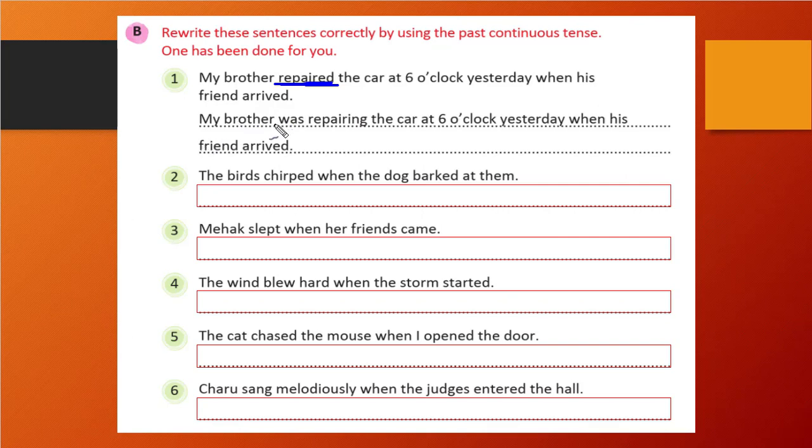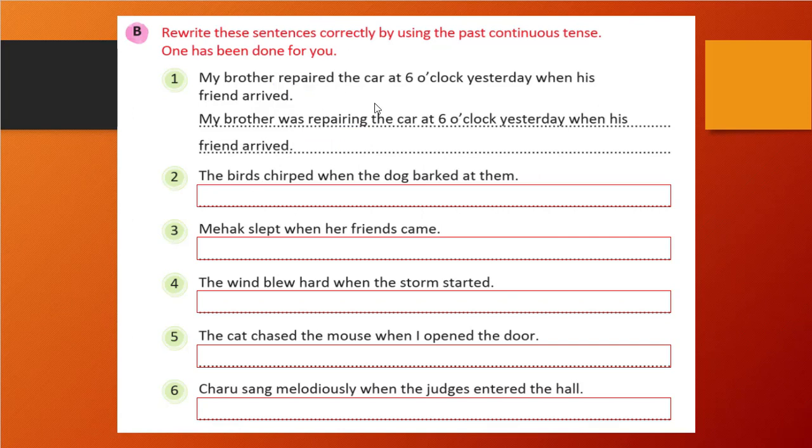So my brother was repairing the car at 6 o'clock yesterday when his friend arrived, right? This is very easy. Did you find it difficult? No, we just find the verb and write it with was or were, the be verb, plus the main verb with ing. That is the only thing we need to do here.